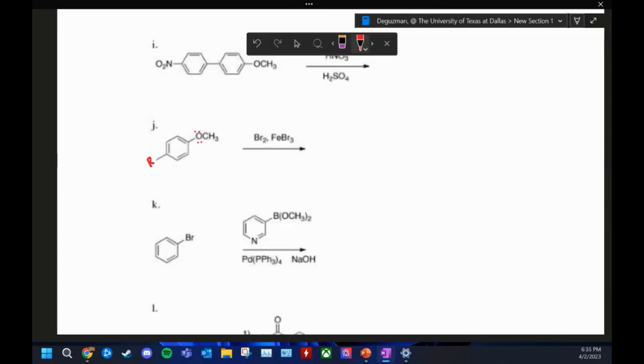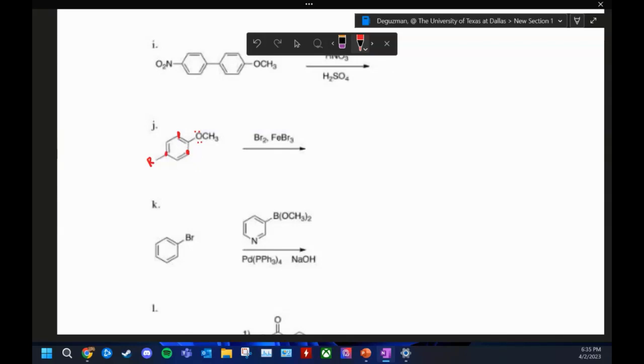But compared to OCH3, which is stronger? Yeah, the OCH3 is stronger because it has those lone pairs readily available. So because it's the stronger donating group, that means it's also a stronger activator, right? So we want to satisfy that. So ortho/para of that will be here, here, and here.